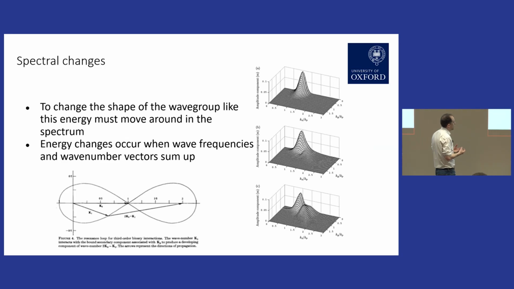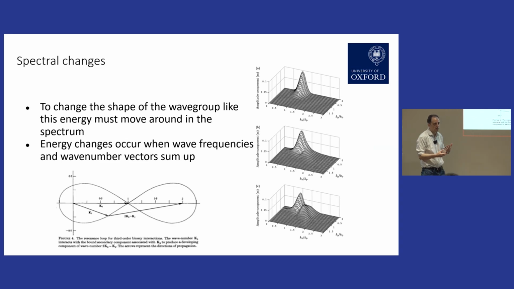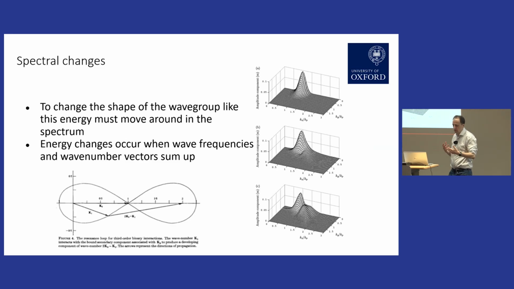And this diagram, which is the Phillips diagram, Phillips was an Australian, although went to Cambridge and then onto the US for most of his career. But this diagram, the resonance loop, shows the wave number interactions that will give you energy transfers, that will lead to transfers between some of these components. Now, that figure of 8 loop, whilst quite helpful mathematically, is really hard to understand quantitatively. So perhaps the best qualitative understanding can come from this.